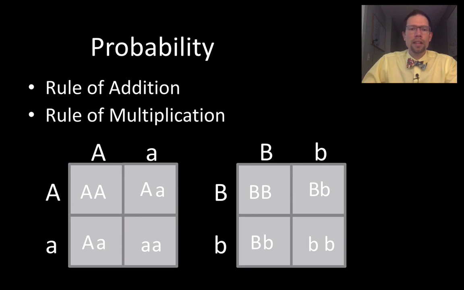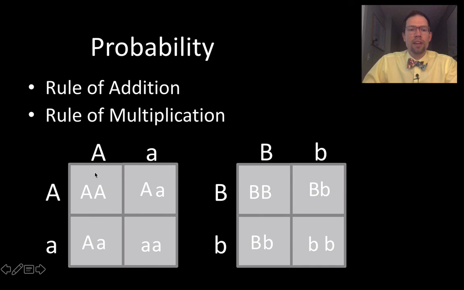If you do this and look at what we got for the dihybrid cross, the chances of me having a dominant phenotype over here is 3/4. Chances of me having a dominant phenotype over here is 3/4. So 3/4 times 3/4 is 9/16.